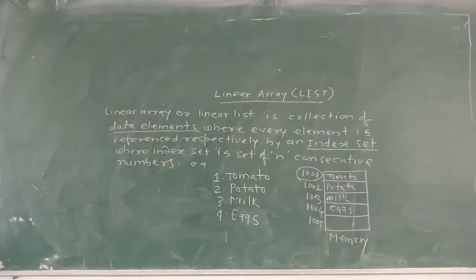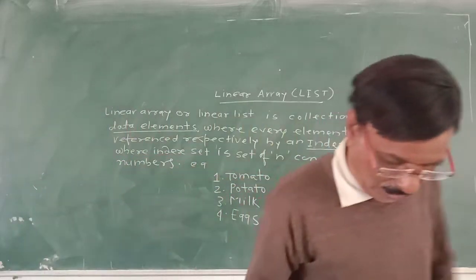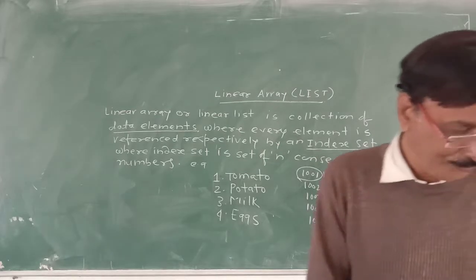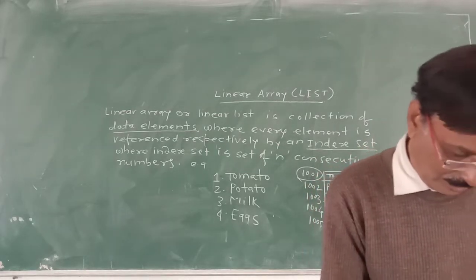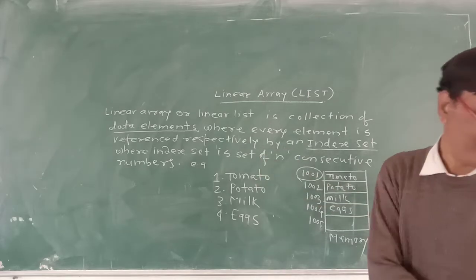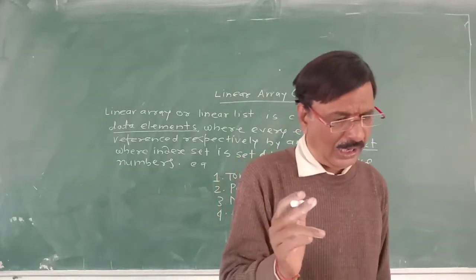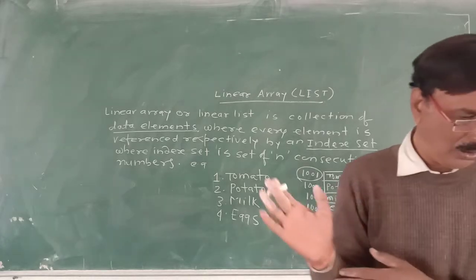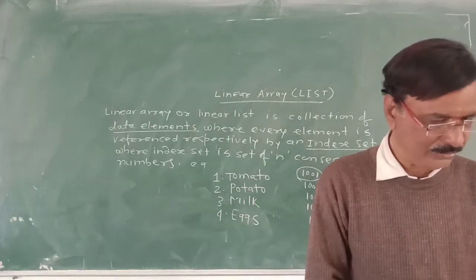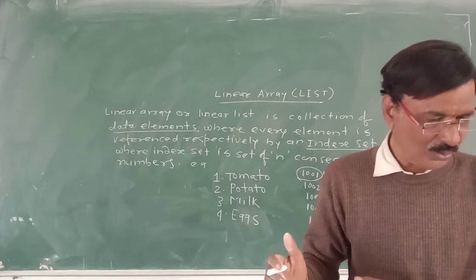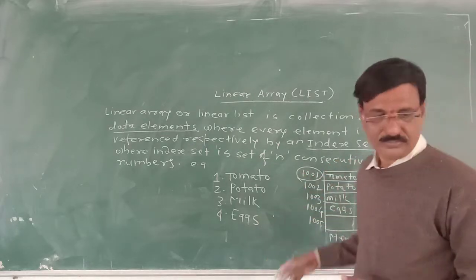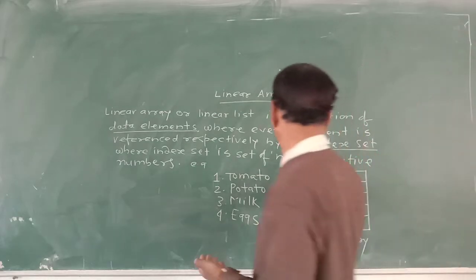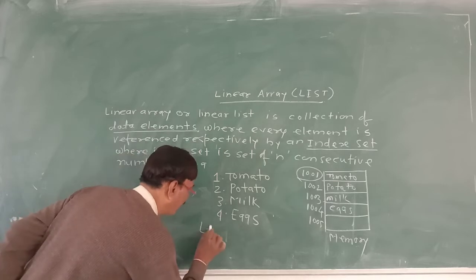Now here we are going to write down the definition we have seen. So this is the list. Now the elements of the array are stored in successive memory locations, and the number n is called the number of elements, and also we can find the length of the array.